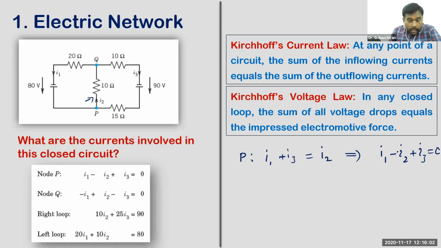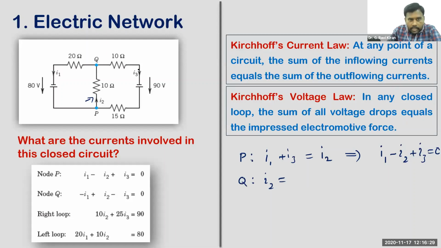I got one linear equation from this idea. Remember, I1, I2, I3 are the unknowns in this circuit, and we are trying to find them. Now let me look at the other node Q. At Q, only I2 is moving towards Q, so I2 is equal to the currents moving out of it.